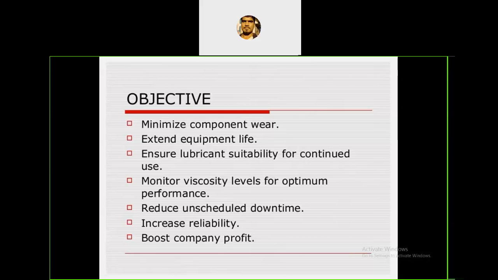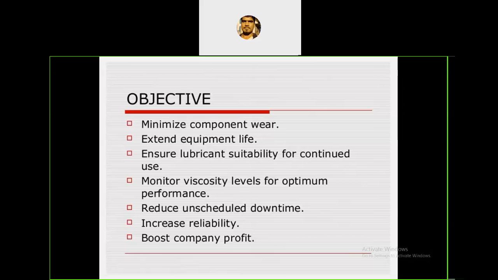And it reduces unscheduled downtime, meaning whatever unnecessary time is spent on monitoring or checking is reduced by this analysis. If we don't use this analysis, then time to time we have to stop the machines, check the viscosity level and check the surfaces. Everything we have to take care of. So that time is reduced by using this analysis.